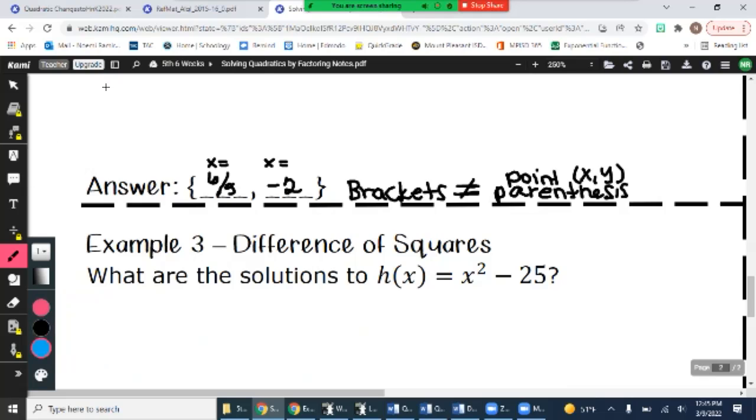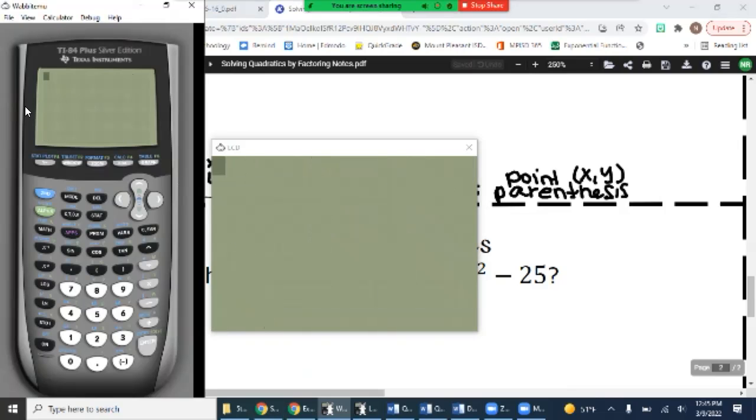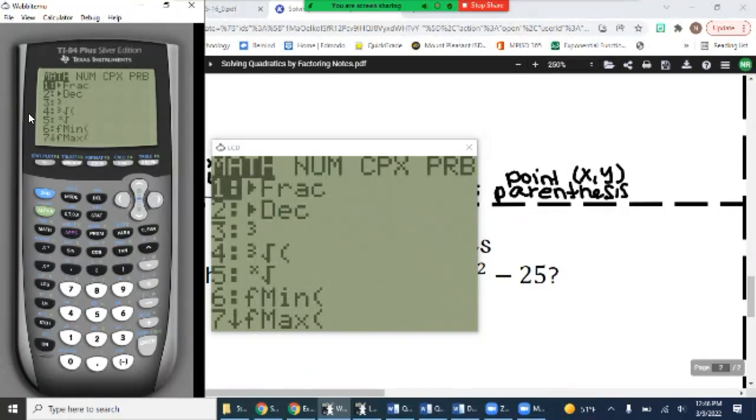What would that be in decimal form? It's a positive 6 over 5. If I go to alpha y equals, type it in that way. You can always switch it back to a decimal by pressing math.